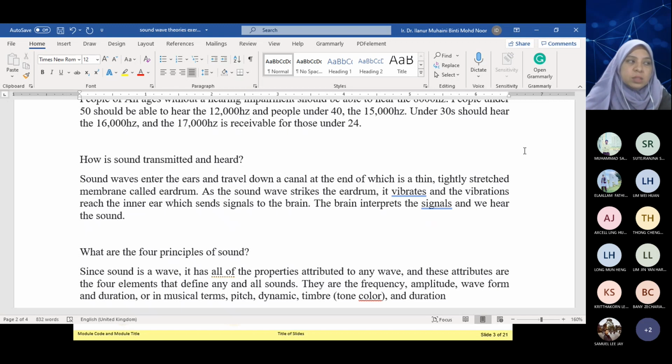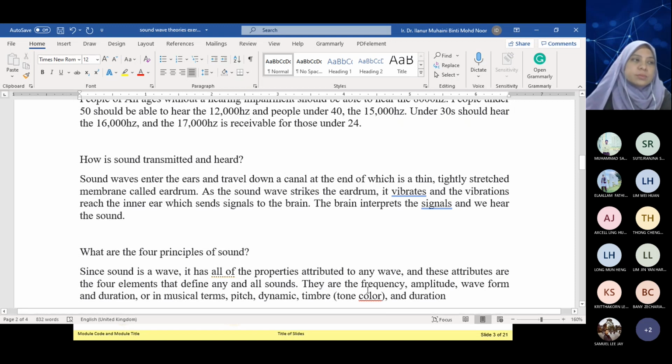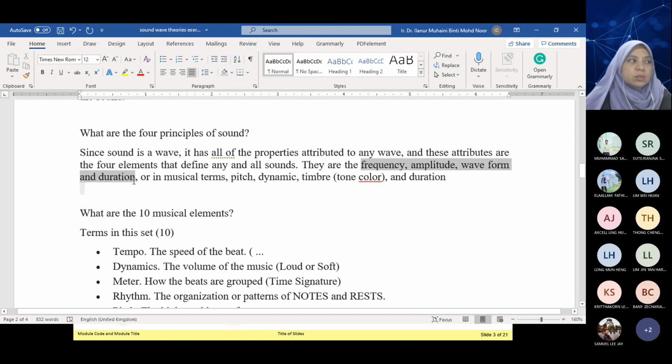They are frequency, amplitude, waveform, and duration. So these are the four principles of sound. I hope you still remember what frequency, amplitude, waveform, and duration are.